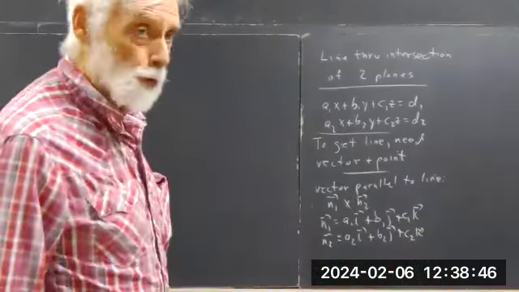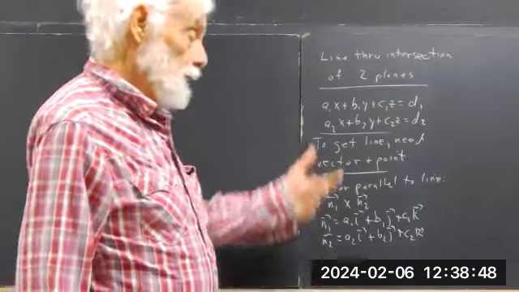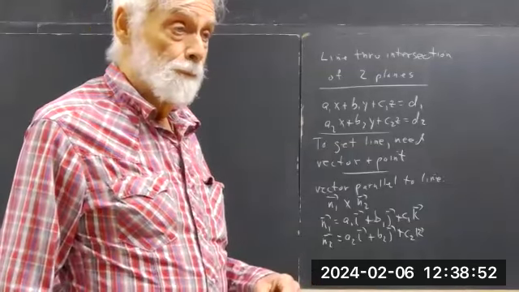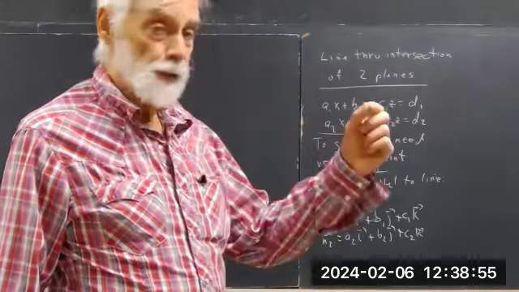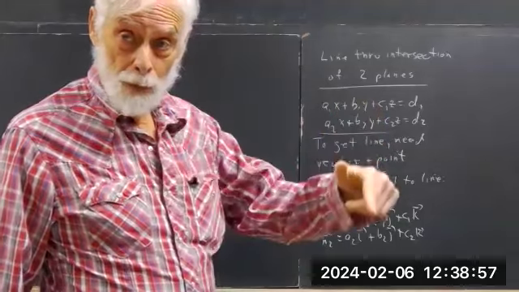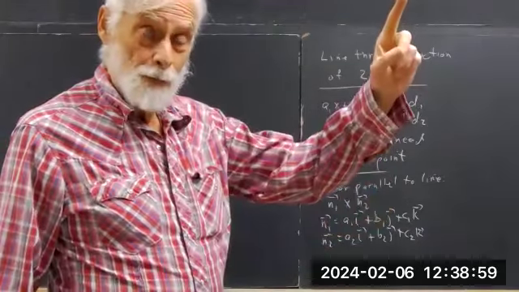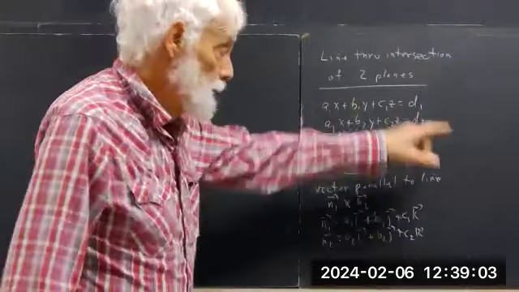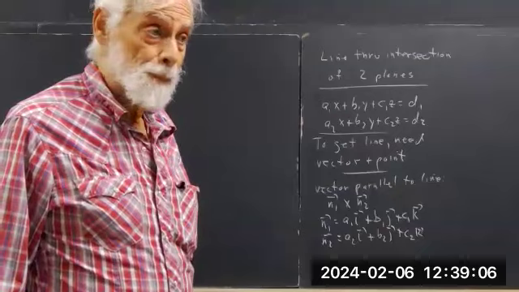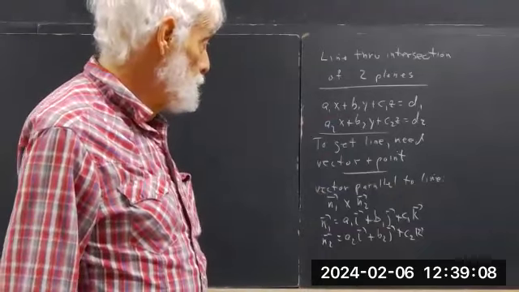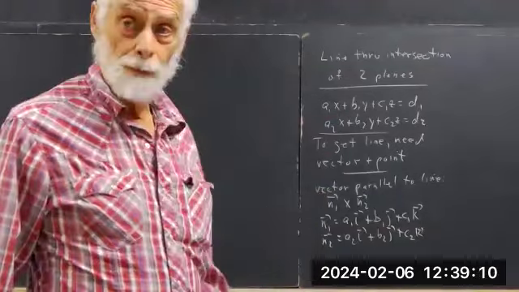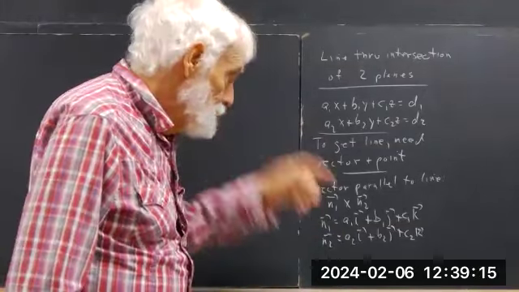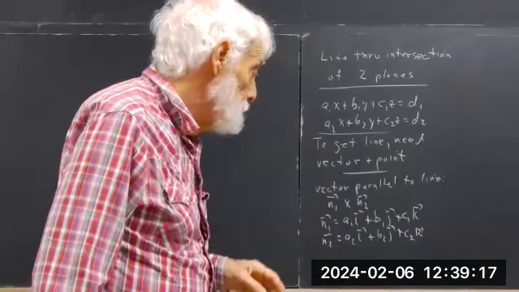And you should know why those are normal, because you should understand a plane as a set of points such that the vector from some fixed point to any point on the plane is normal to this other vector. You write down what that means, and you immediately get an equation. It can be rearranged to this form, where these are the normal vectors. Well, each plane has this normal vector.